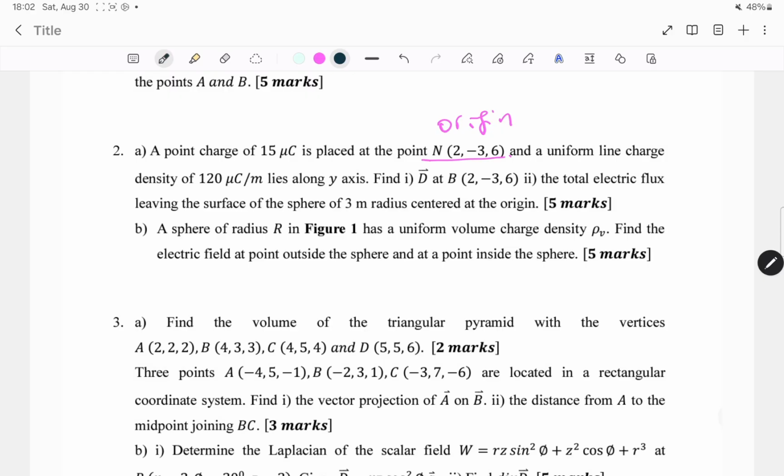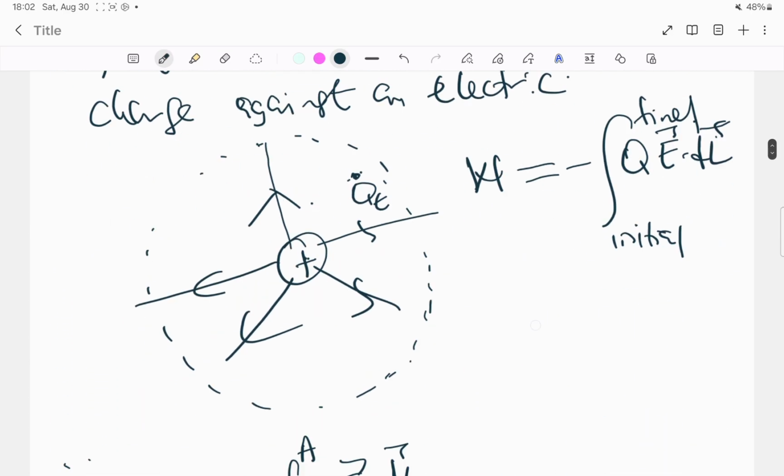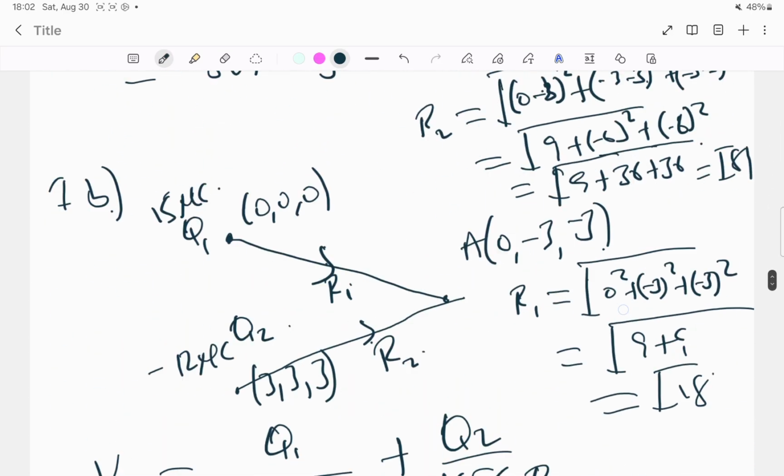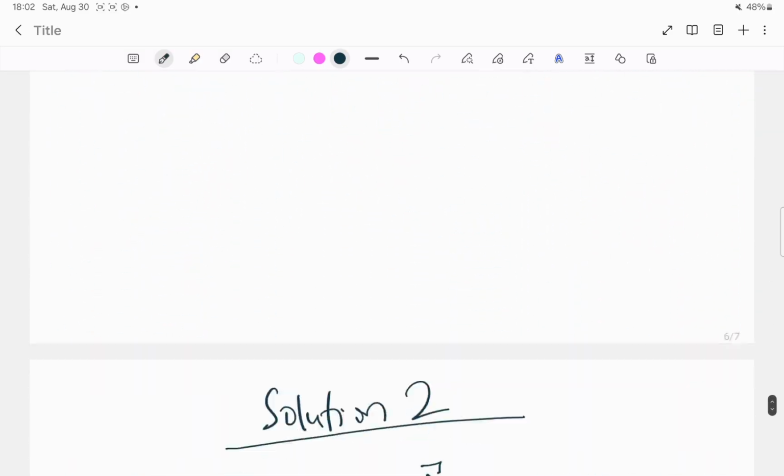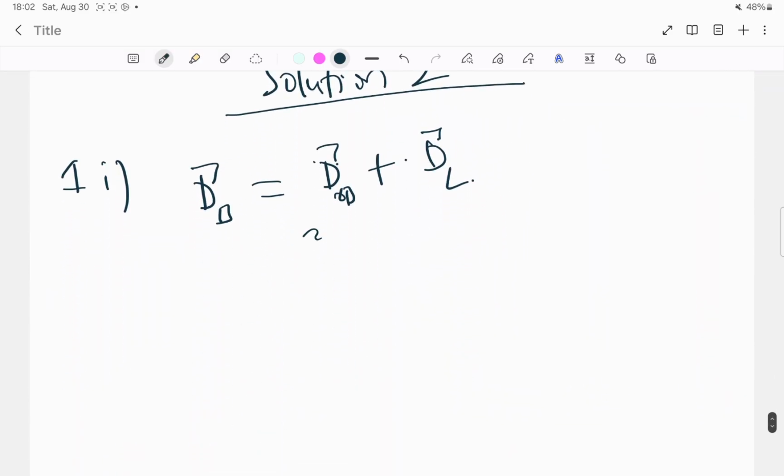Now the electric field intensity is going to be equal to the charge which is placed at the origin, over 4 pi epsilon r squared, times the unit vector. This is for the electric flux density due to the charge placed at the origin.